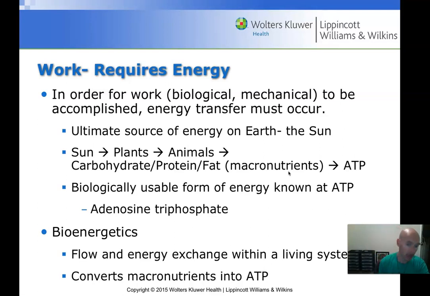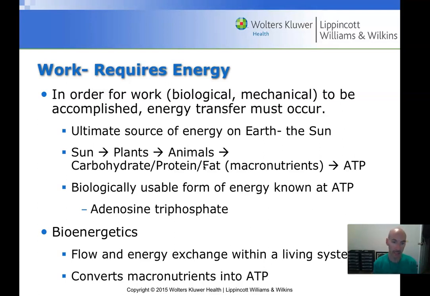We could also have another step added into this energy conversion process, where animals, such as cows, for example, eat the grass, okay? And as animals digest that carbohydrate, they convert that energy into protein and fat, right? So then we can consume those macronutrients by consuming the animals, okay?